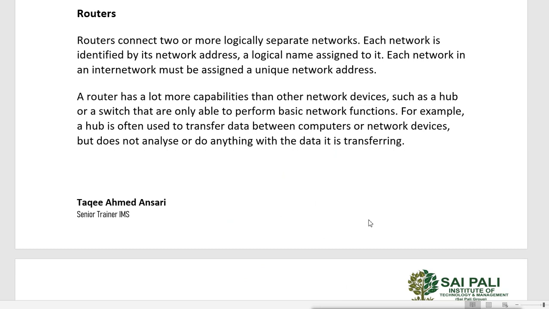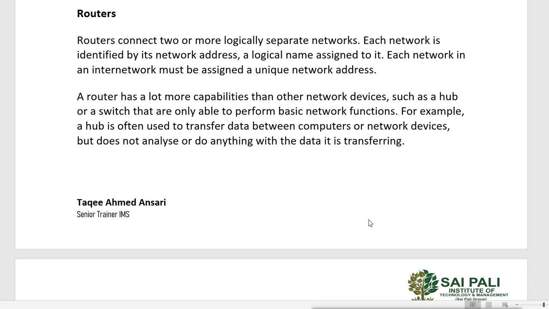Then we have routers. Routers connect two or more logically separated networks. Each network is identified by its network address, a logical name assigned to it, and each network in an internetwork must be assigned a unique network address. A router has a lot more capabilities than other network devices such as hubs and switches that are only able to perform basic network functions.